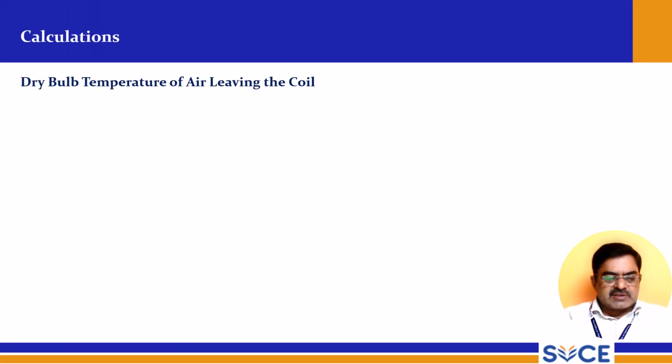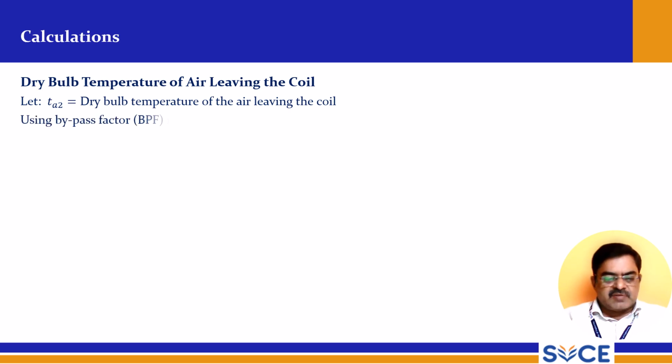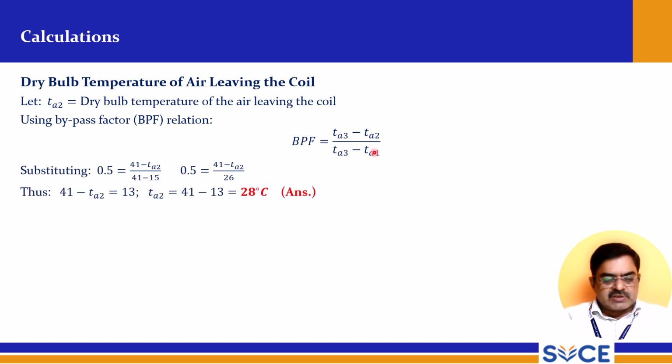And the calculations: the dry bulb temperature leaving the coil is Ta2, and the bypass factor is 0.5, equal to (Ta3 minus Ta2) divided by (Ta3 minus Ta1). We know the BPF, we know Ta3, we know Ta1, so we can find Ta2, which is 28 degrees Celsius.